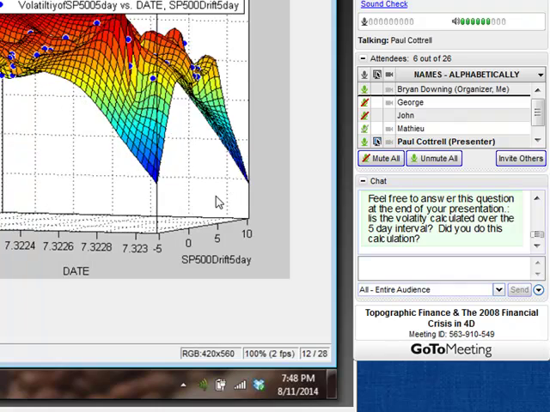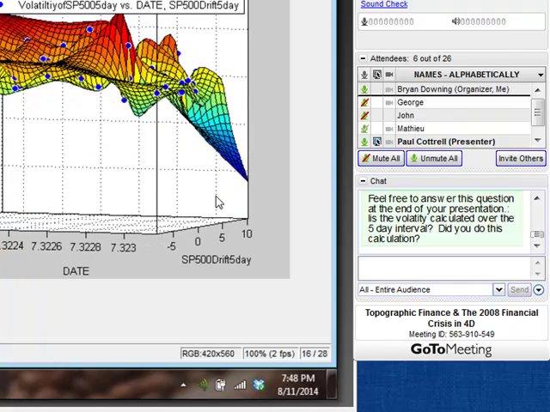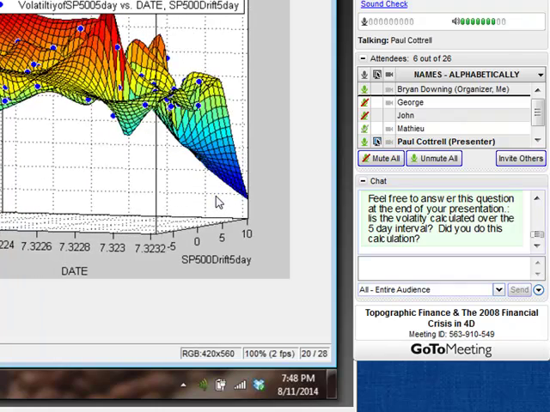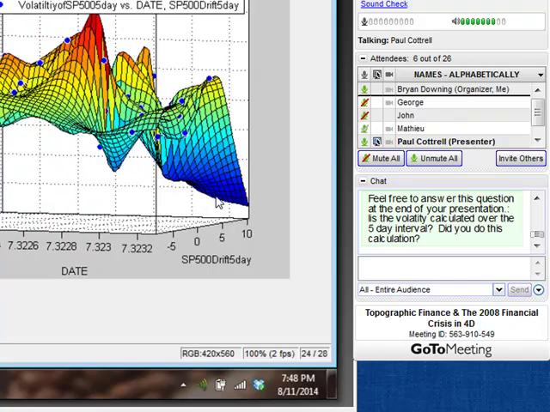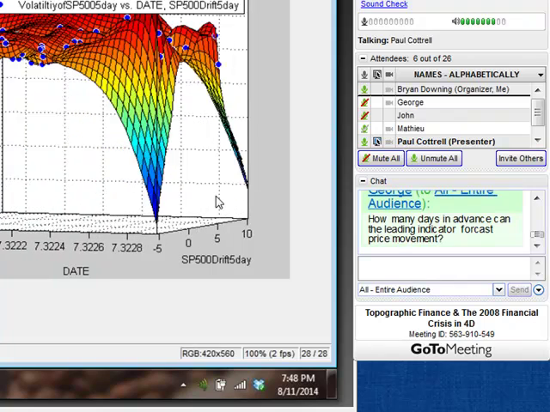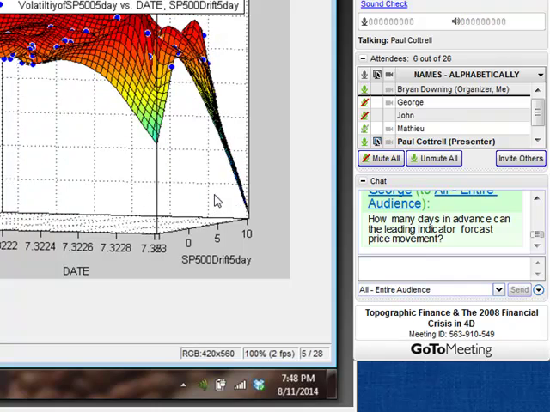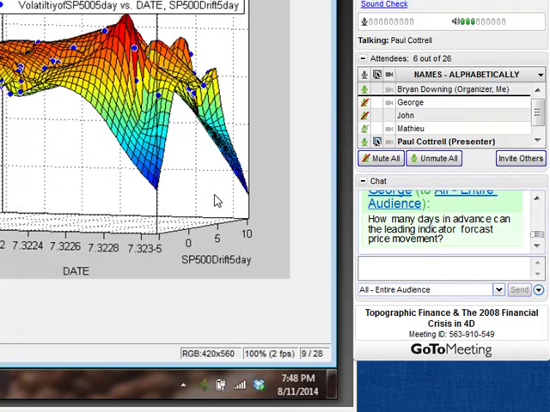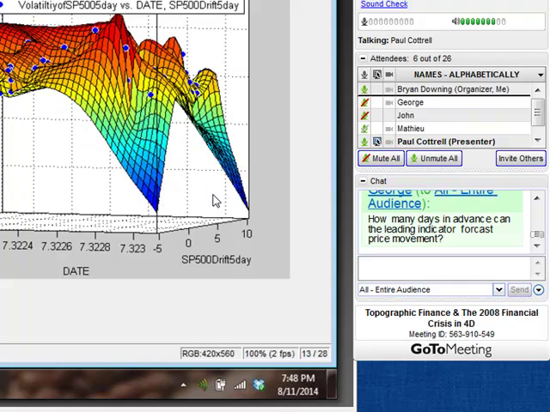And here, what you'll notice is that the larger the surface window, the better the wave propagation is through time. The smaller the surface window, the more chaotic it is.